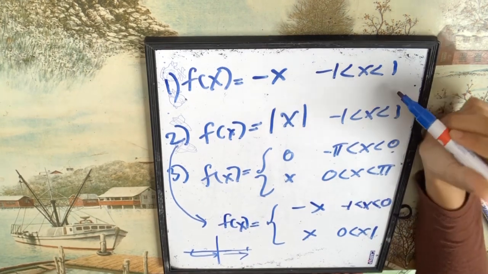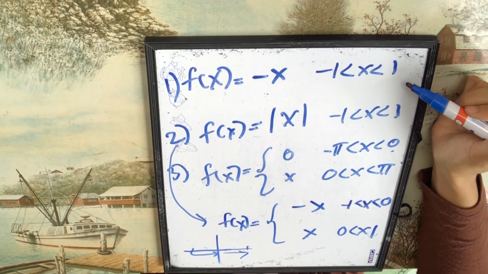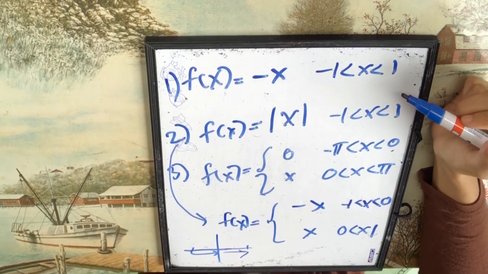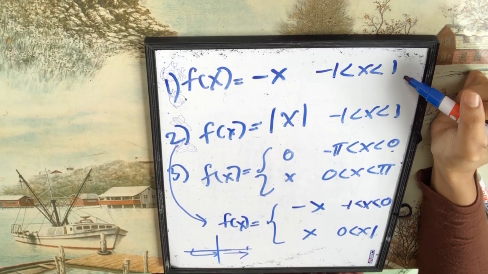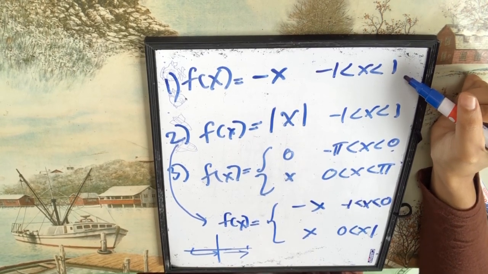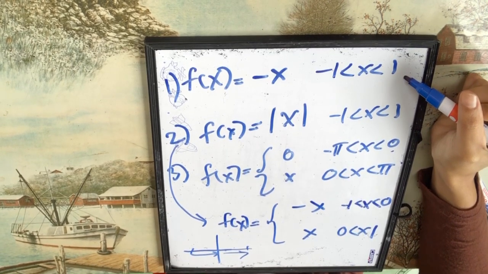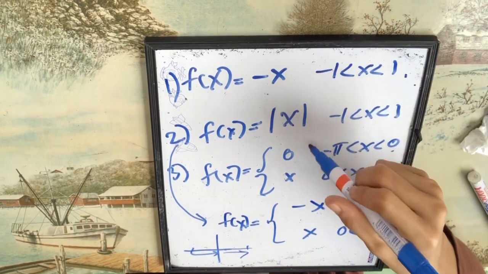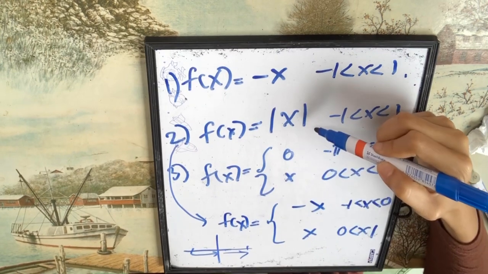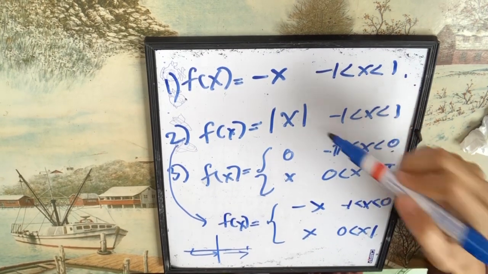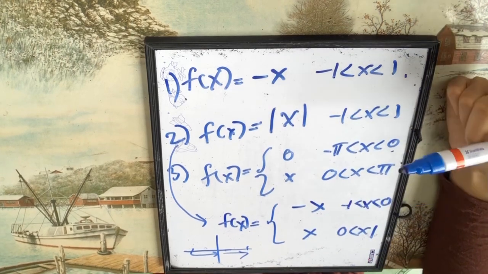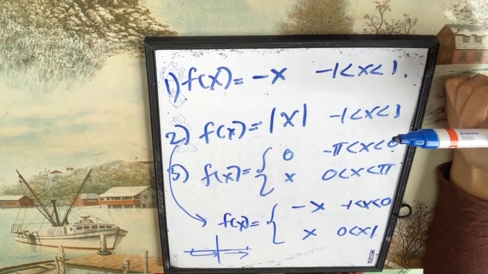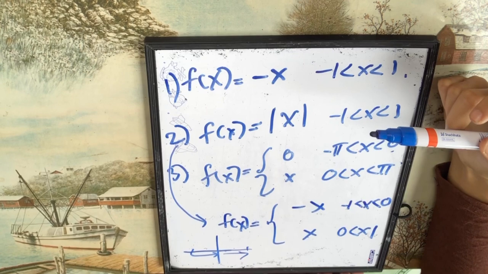Now, to answer question 1, you need to use the second type of A0, An and Bn, which is 2 over L. For number 2 and number 3, because number 2 is already a piecewise function, more than one function, you need to use the first type, 1 over L.